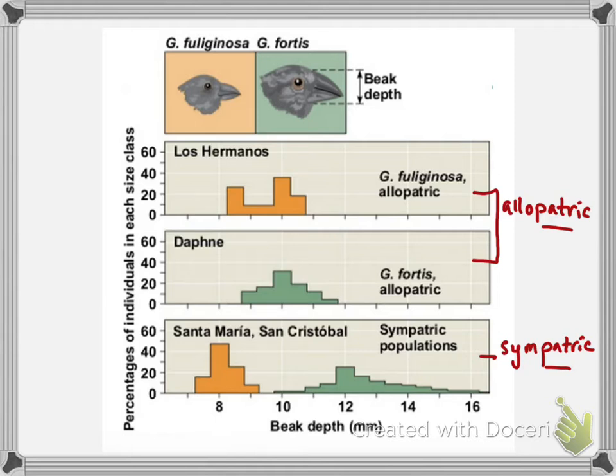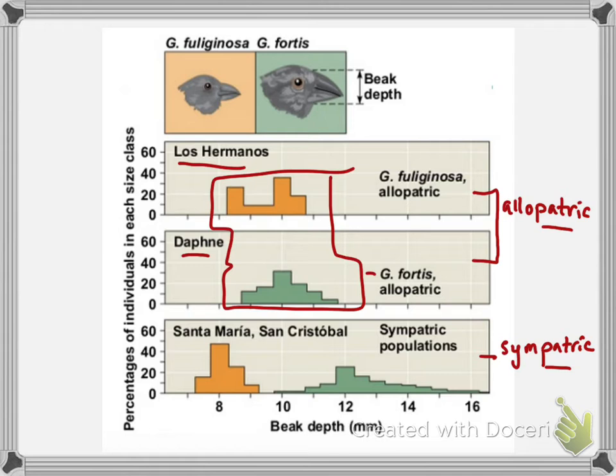So in allopatric populations, for example, are G. fuliginosa on the island of Los Hermanos and G. fortis on the island of Daphne, which have very, very similar beak morphologies, probably because they eat similar seeds. But when they live separately, like we see here, you can actually tell that their beaks are then similar.